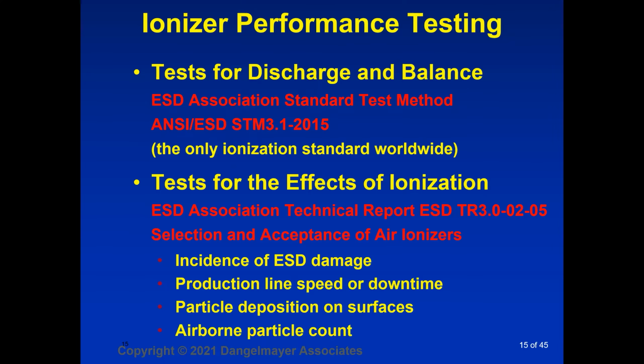If you have a problem with the production line hanging up, there should be better production line uptime and line speed if the ionizer is there. If contamination was your issue, you should see less particles. If your airborne particle count was an issue, again, you should see less particles. But in every case, there should be a reason that you're using ionization, and you should be able to test that you have achieved what you were looking for when the ionizer is present.